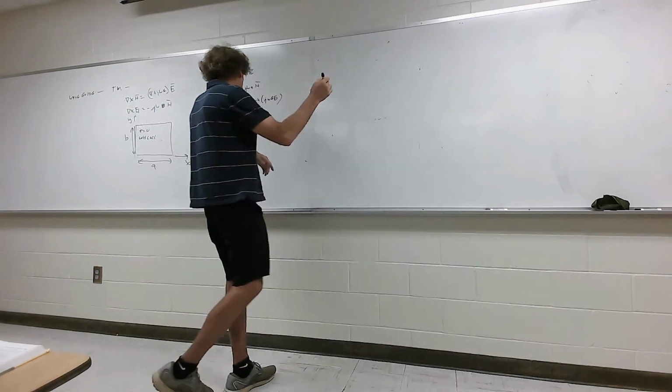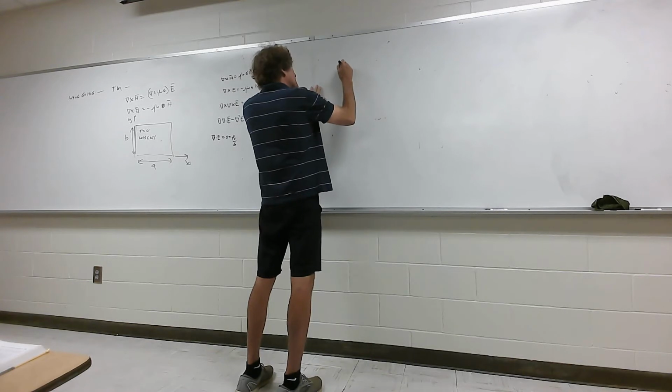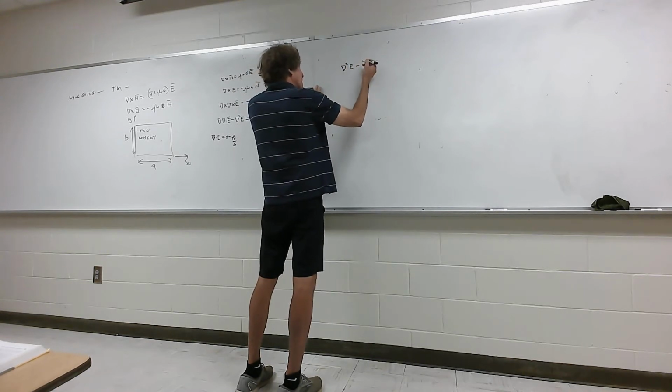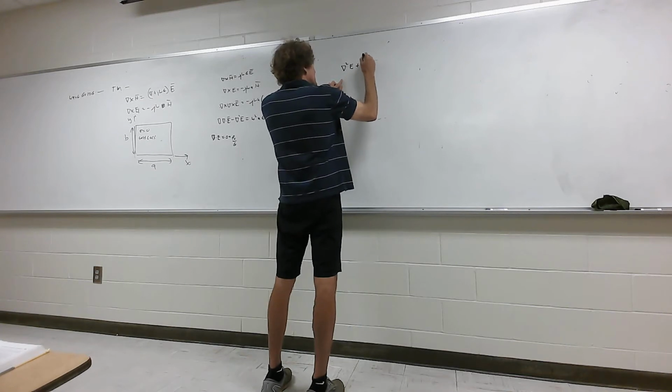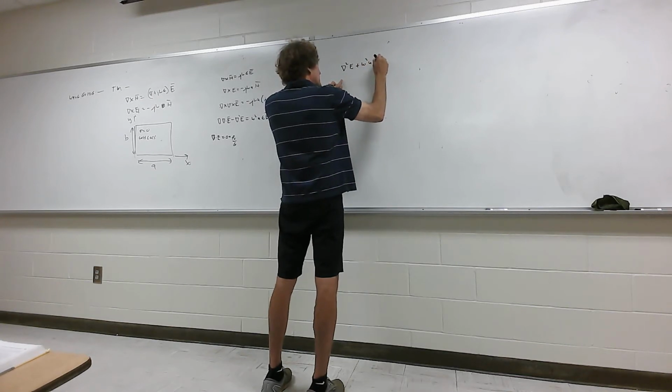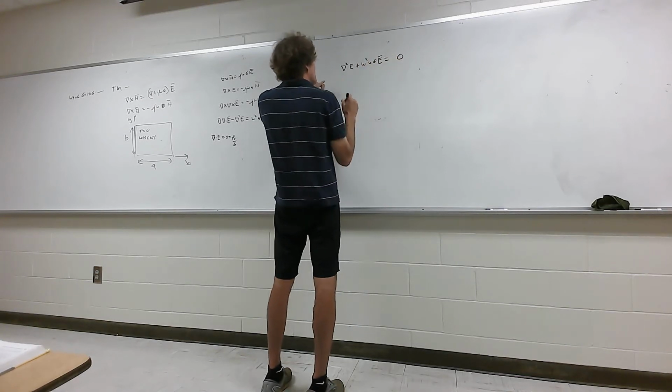So you get an equation where you have del squared of E plus omega squared mu epsilon E equals 0.